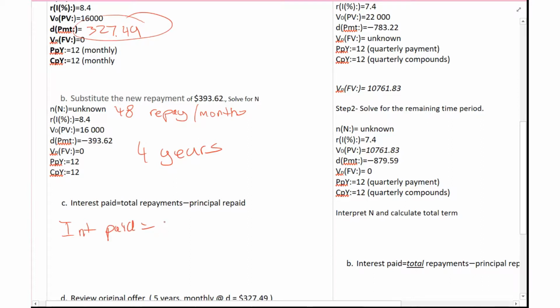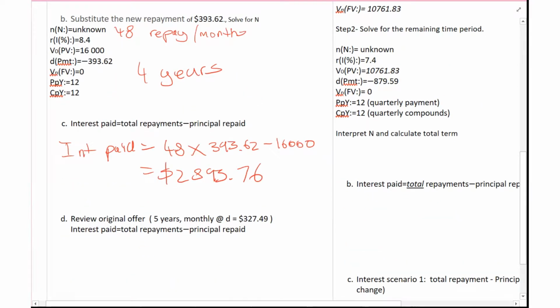So it's going to be 48 times, so remember 48's 4 years times 12 months, times 393.62 minus 16,000. And you'll get a value of 2893.76. Okay. So that's how much the interest was for that term.